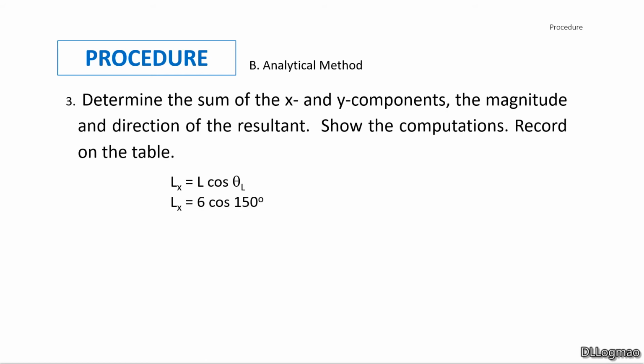Substitute the magnitude and direction. The cosine of 150 degrees is negative 0.866. Thus, the x component of the left vector is negative 5.196.